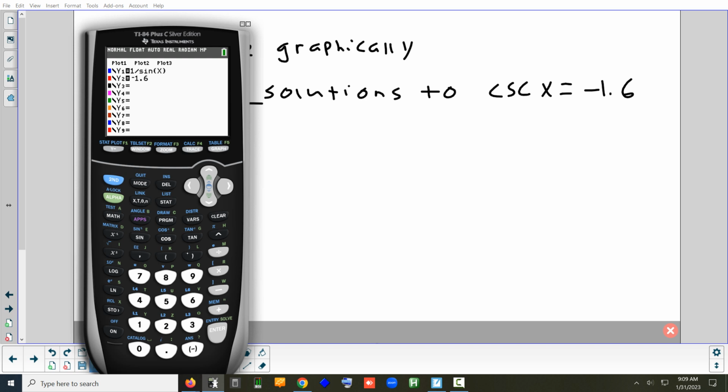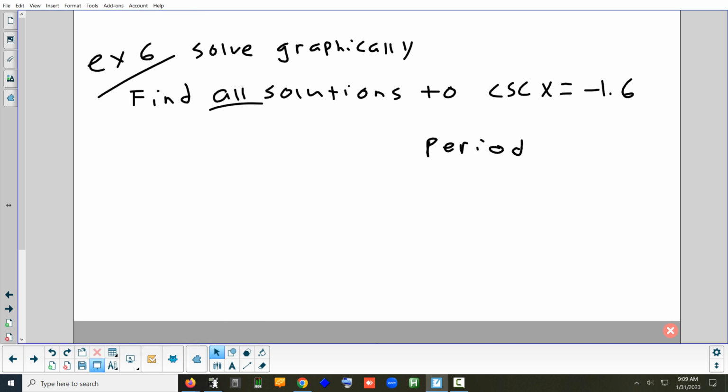Okay, now, what did I say to set the window to? You want the width of your window to be how big for every problem? The length of one period. Yeah, so we need to find that. I didn't say to find the period, but you're not going to be able to answer this question without doing it. Okay, what's the formula for the period of cosecant? 2 pi over b.